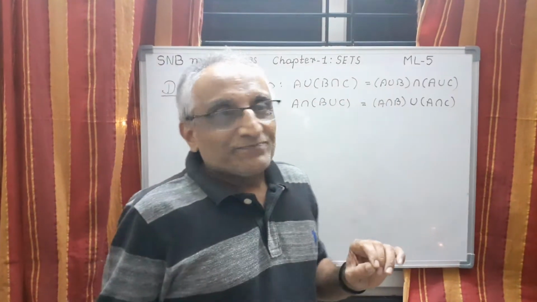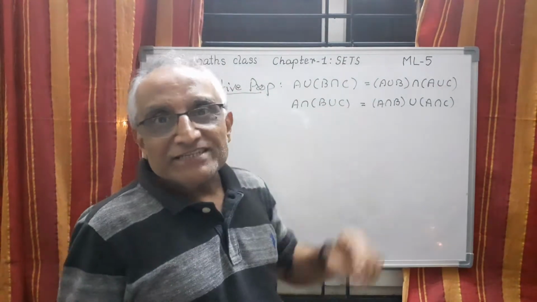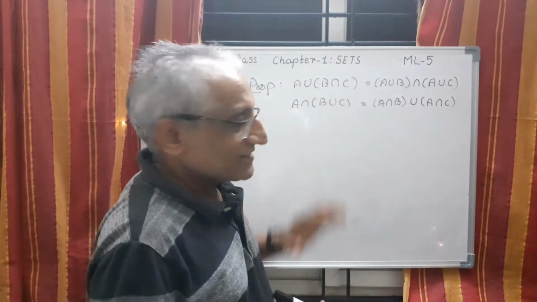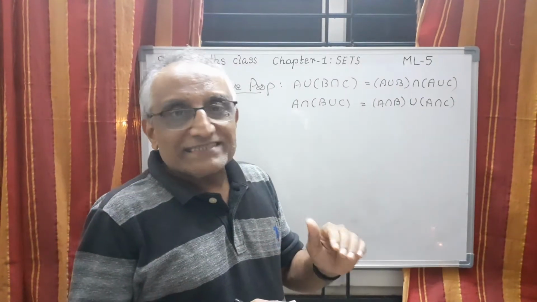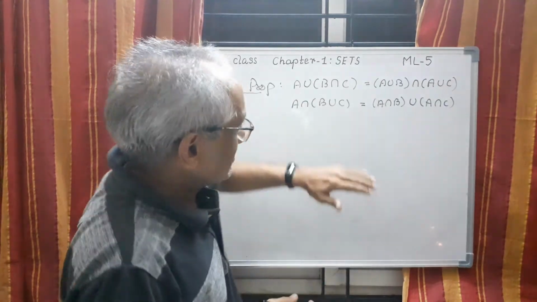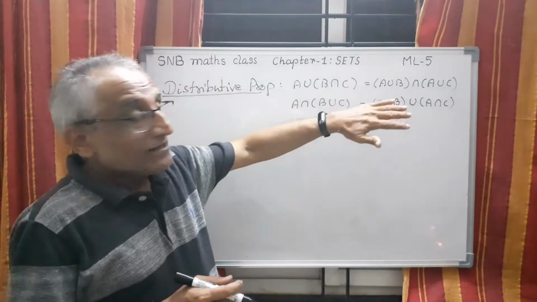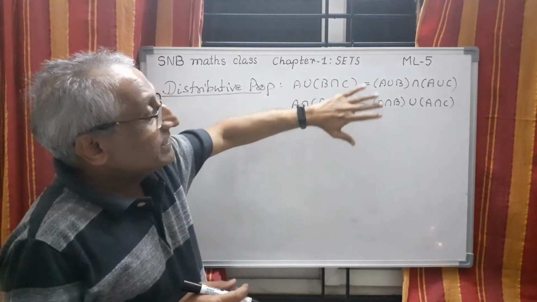In fact, you can prove this using the definition of union and the definition of intersection, but those things are not there in the textbook. Therefore, let me skip the proof. But we can verify for given sets.